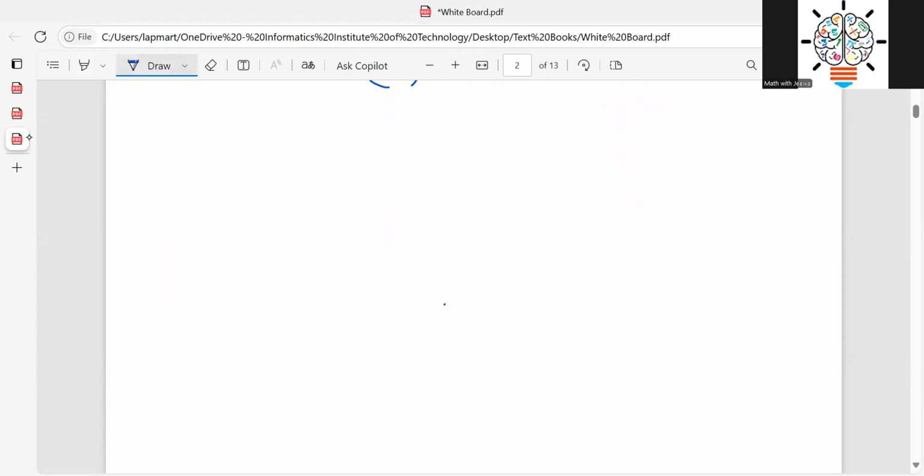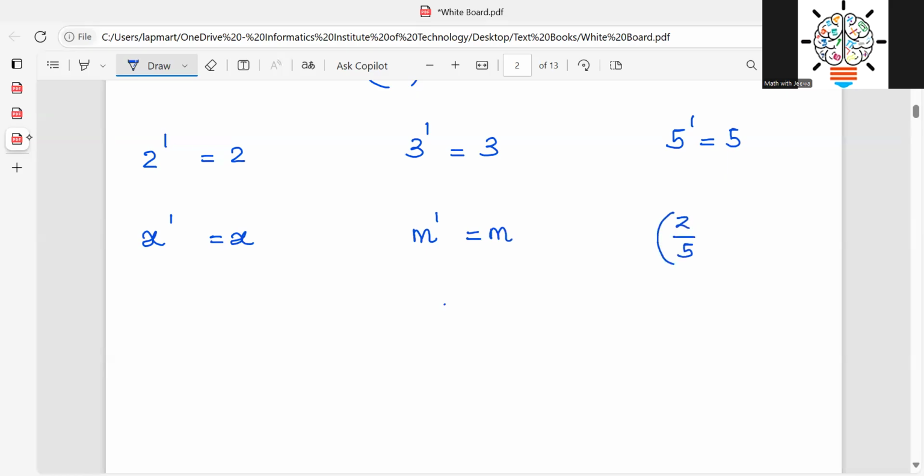Let's say you have something like this, 2 to the power of 1, the answer is 2. 3 to the power of 1, the answer is 3. 5 to the power of 1, the answer is 5. X to the power of 1, answer is x. M to the power of 1, answer is m. 2/5 to the power of 1, the answer is 2/5.